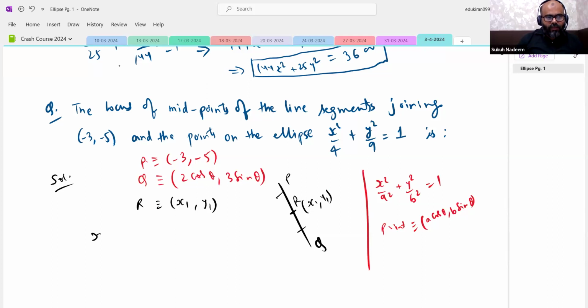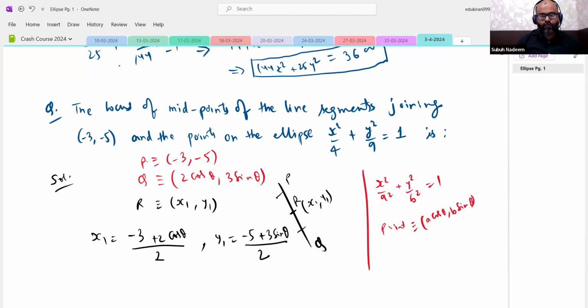In that case, x1 is equal to P x coordinate is -3 plus Q x coordinate 2 cos theta, by 2, and y1 is equal to -5 plus 3 sin theta by 2. Midpoint formula we applied. We'll write like this till here.